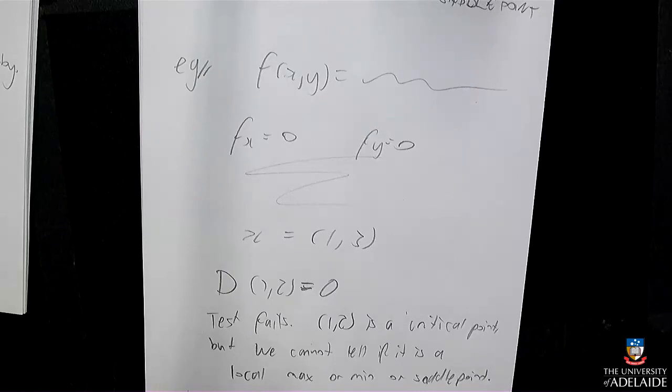The only thing I can think of is that in an exam it may come out as 0, and then they'll give you some extra things to do that you might not have seen before that might allow you to decide that it's a saddle point.